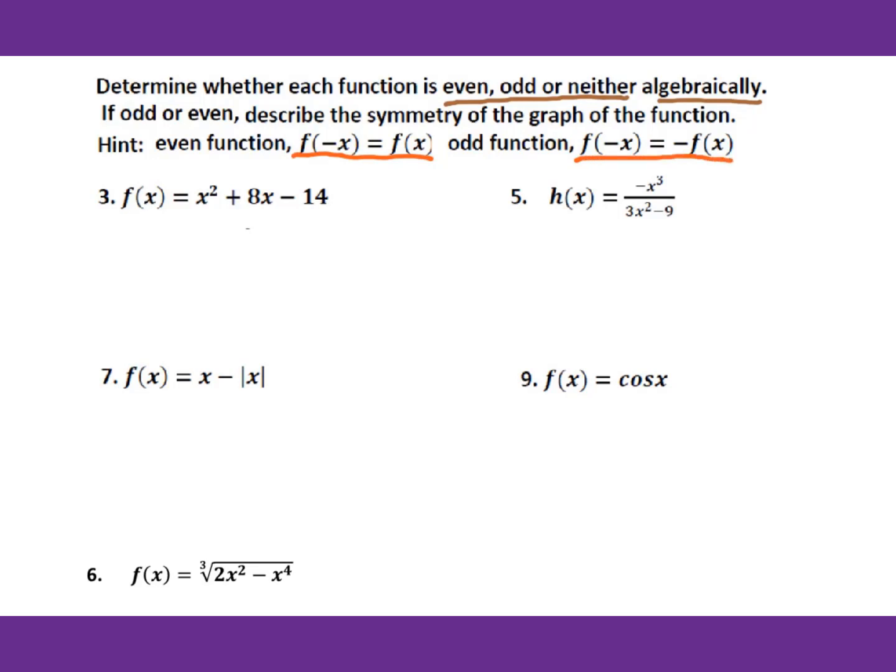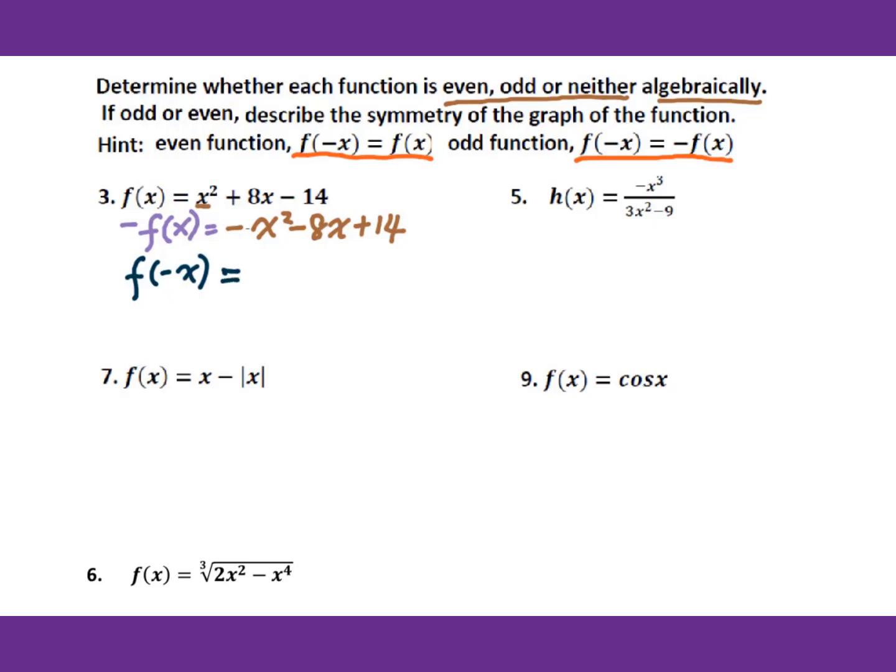First of all, I will work on negative f of x. That means the opposite of f of x, which means each term gets its opposite. Since I have x squared, its opposite is negative x squared. Positive 8x becomes negative 8x. Negative 14 becomes positive 14. Then I'm working on f of negative x.